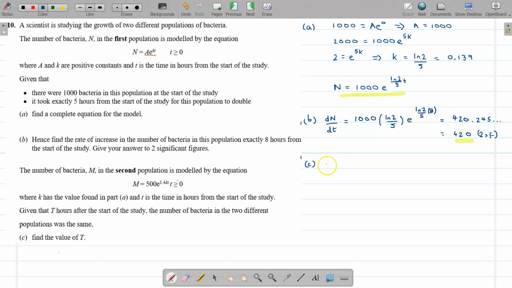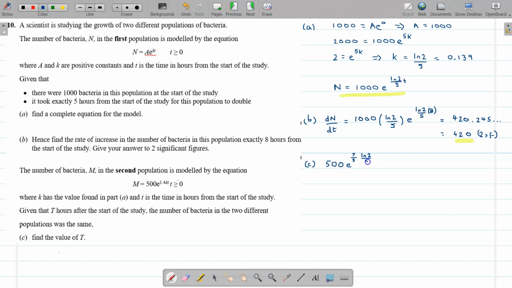So this is how I would do this question, and you need to be very clear about writing down powers and make sure they're raised up in the air. So I would start by using this new model, so 500 times e to the power of, if I write the 1.4 as 7/5, that's 7/5 times k, since the same value of k is used in both models, it says.